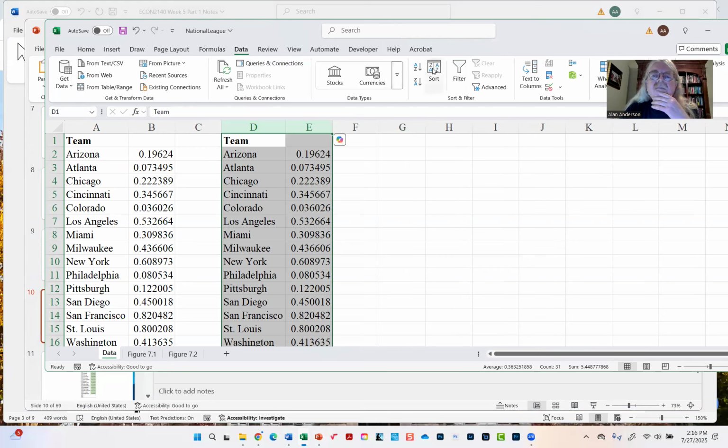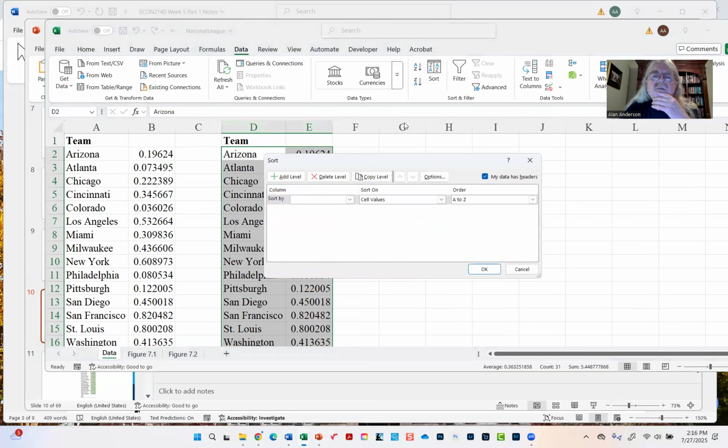Data, Sort. Now make sure it says my data has headers. And then you ask it to sort by. Now there's no header here, so you'll have to tell it column E. And we want it to go from smallest to largest.